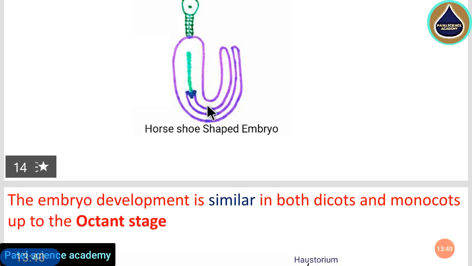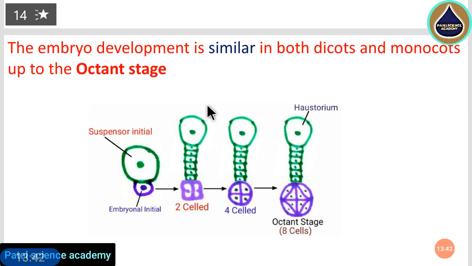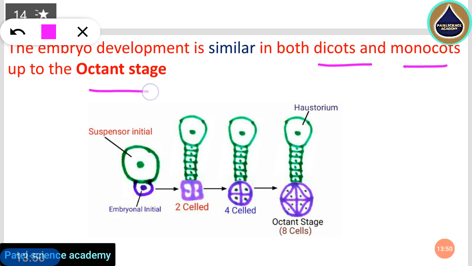Now for the next stages, this embryo development is similar in both monocotyledon and dicotyledon. Up to the octant stage, the development of this embryo is similar, as you can see here. This zygote converts into a two cell structure, which is called the suspensor cell and the embryonal cell.